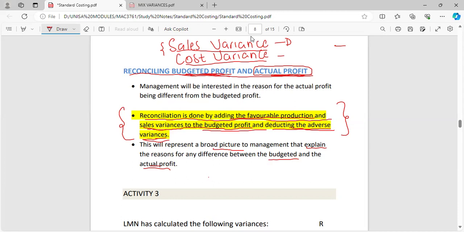Then if we have an adverse cost variance, then it means our cost is increased. So in that case, it means an adverse cost variance is going to reduce our budgeted profit because the cost in that case is increased. So that's basically what you will be looking at when you are reconciling your budget and actual profit.